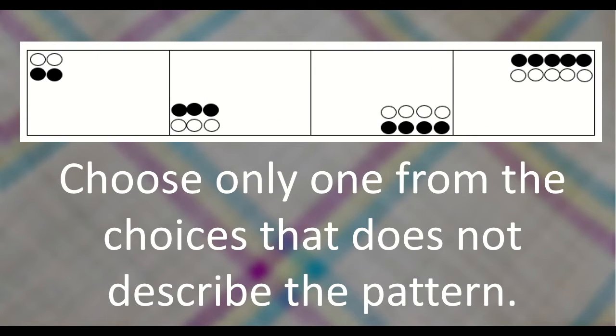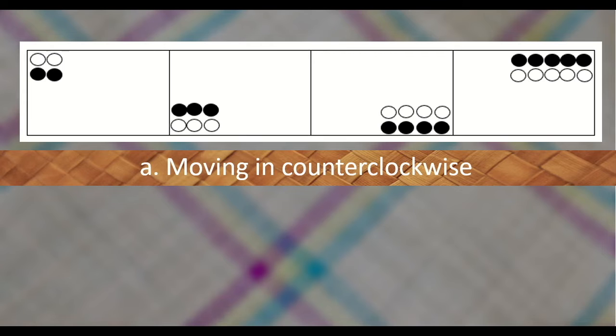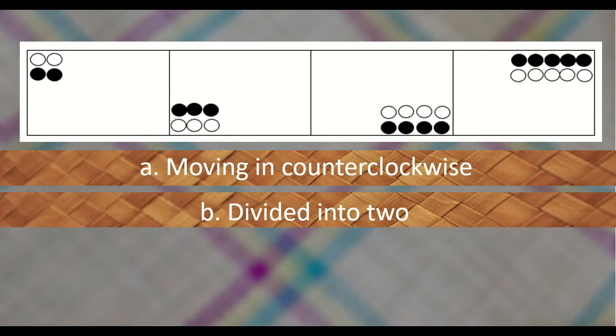The third one. Choose only one from the choices that does not describe the pattern. Is it letter A, moving in counterclockwise? Letter B, divided into two?